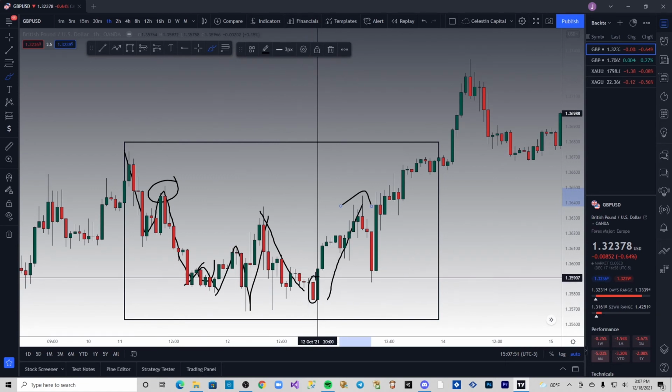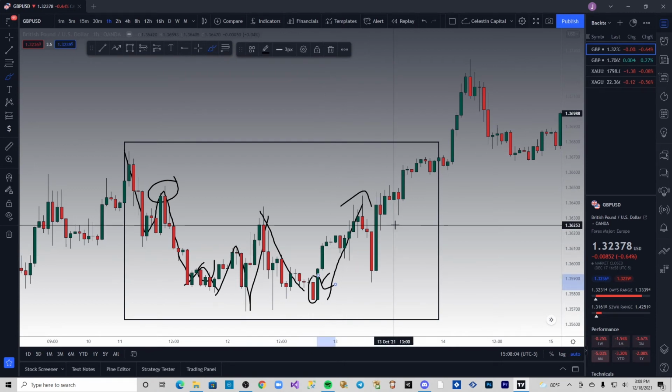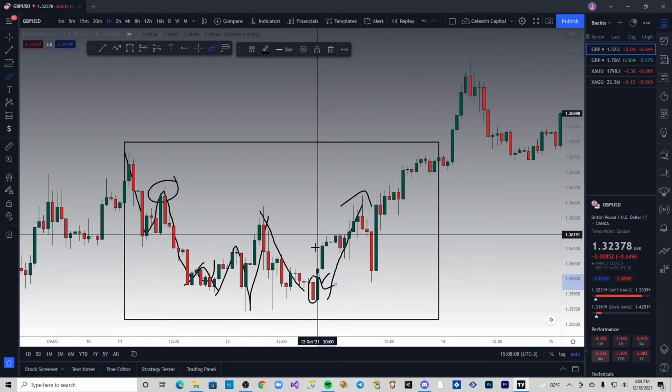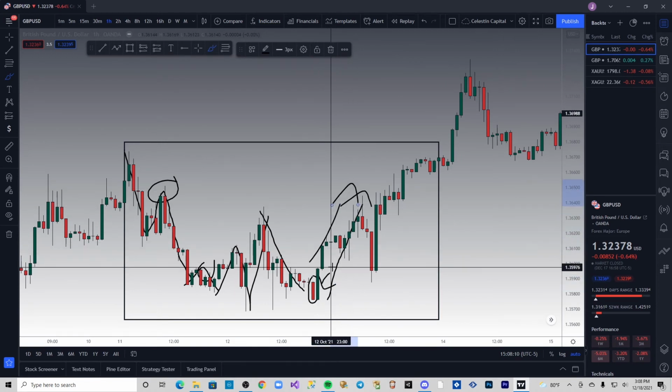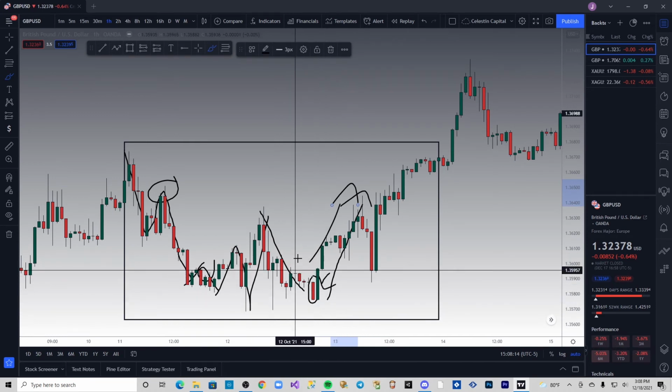So what can we expect? There are orders in here that the Composite Man is likely to close out because he's in the negative. Otherwise, he's losing money. Even though he's making money on the buy, he's losing money on this one order, this floating equity that he hasn't closed out.